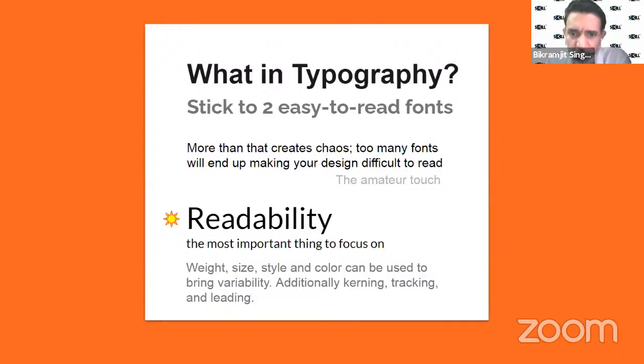Of course, additionally, kerning, tracking and leading will help you adjust the readability. Kerning is the space between the letters. Tracking is the space between the characters, and leading is the space vertically, which we call line space between the lines.